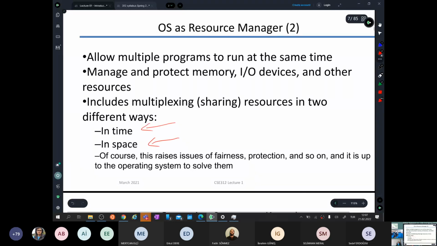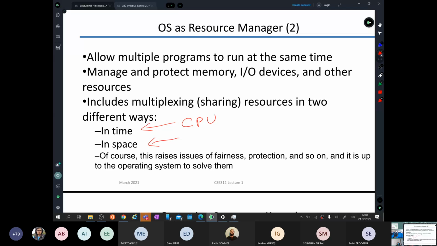CPU is done in time sharing. Okay. I cannot divide the CPU into two, where one half is yours and the other half is mine. That's not meaningful. But I can share the CPU in terms of time, okay?